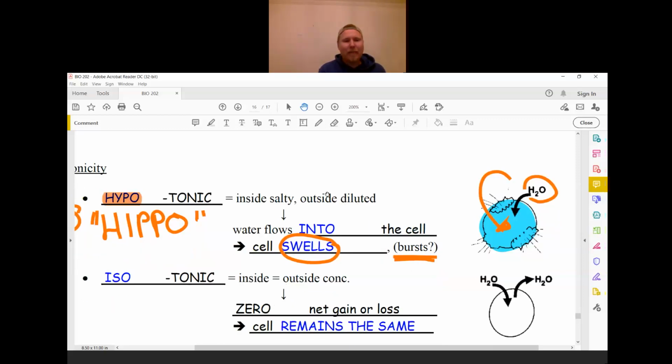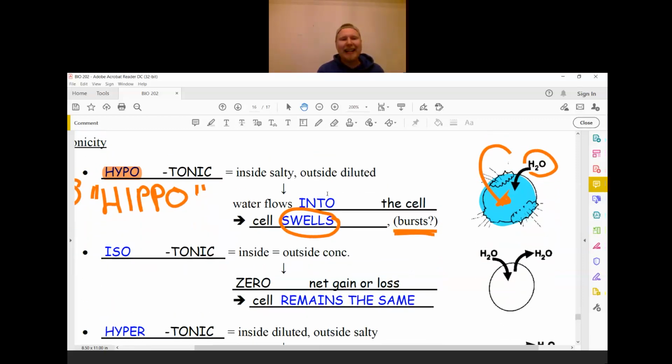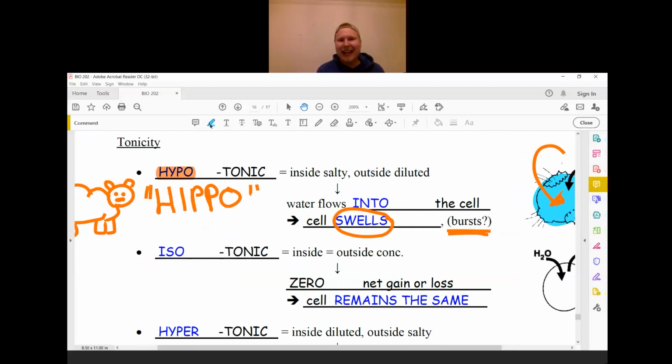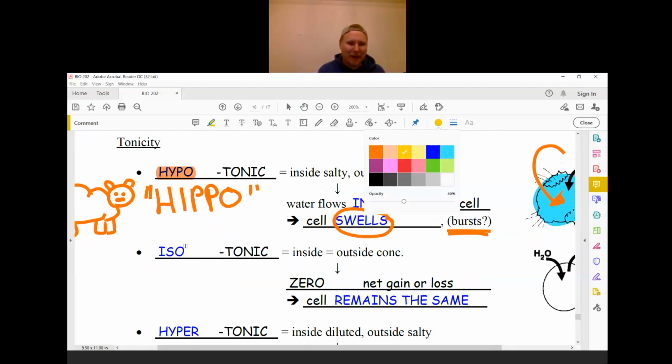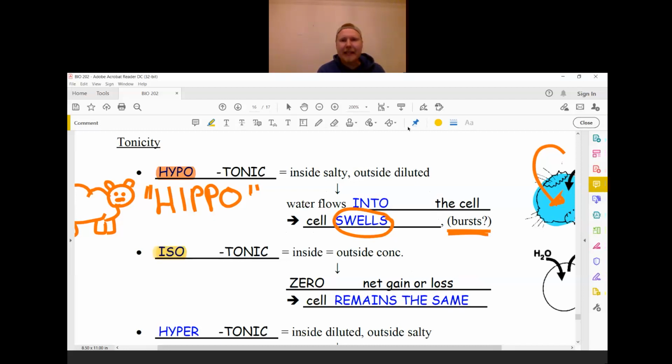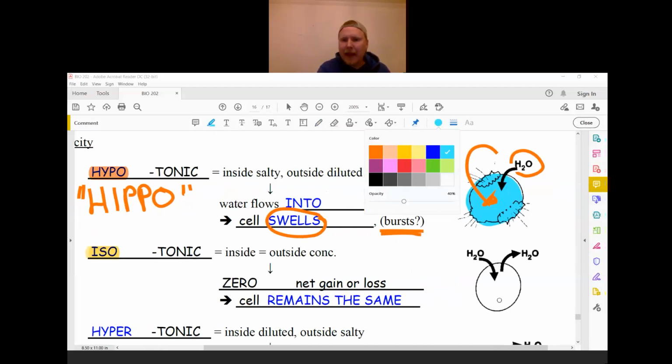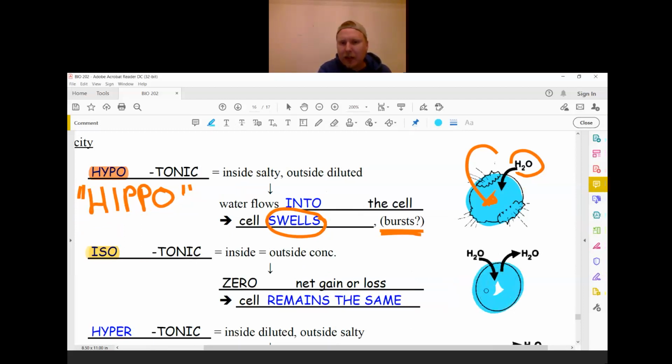Let's move on to have a look at the isotonic cells. What happens in isotonic cells and what we should know about them. So in case of isotonic cells, what's going on is that the cell, both inside and outside the cell, has the same amount of salts.